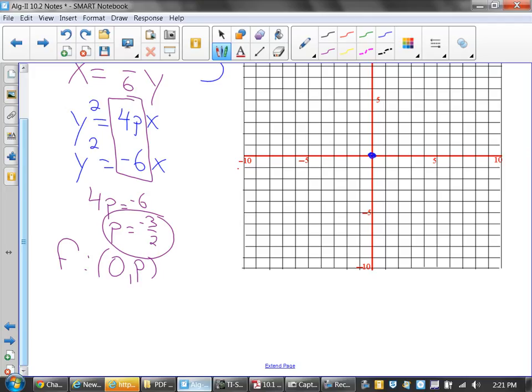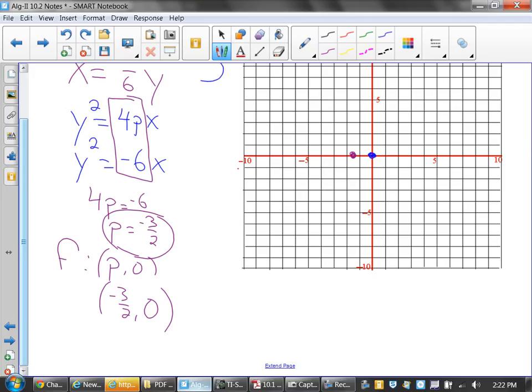Sorry, I wrote this wrong, it's supposed to be p, comma 0, because it's a y squared. The p-value is the x. So, negative 3 over 2, and 0. There's my focus. Negative 1.5.